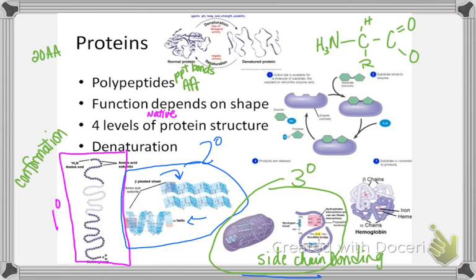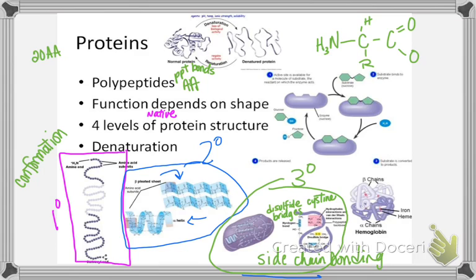Or you can have covalent linkages like disulfide bridges. These are a big deal. And they occur between two cysteines, monomers that are brought together in the folding of the protein, and it reinforces the conformation.